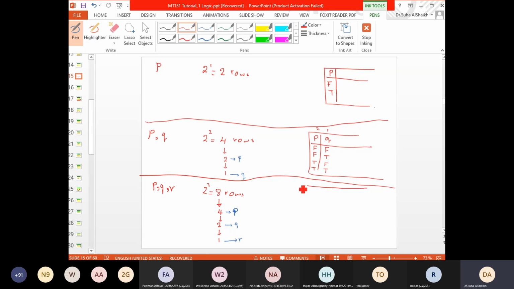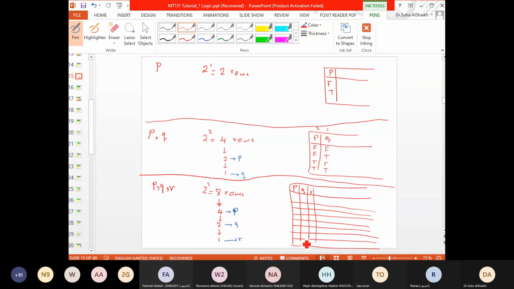Construct the table. والتيبل راح أحط فيها الثلاثة columns الأساسية اللي هي ال P Q وال R. وهنا كم راح يكون عندي 1 2 3 4 5 6 7 and 8.